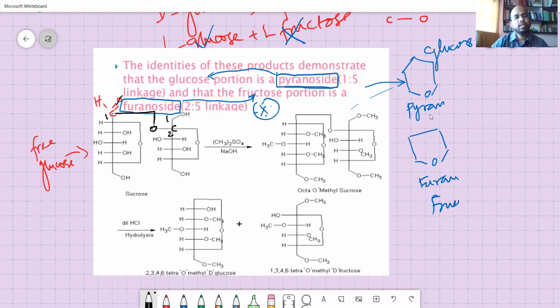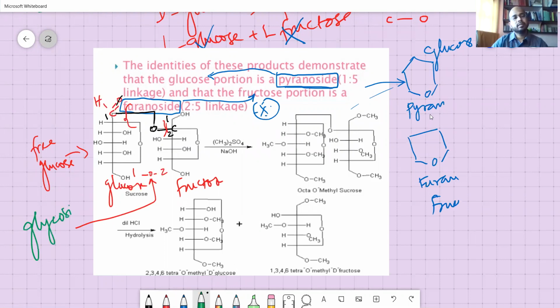It links to carbon 2, you see? So this is the linkage between glucose and fructose, linked by the first carbon atom with the second carbon atom by means of a glycosidic linkage. What do we call this linkage? Glycosidic linkage. I already told you how it is a glycosidic linkage.